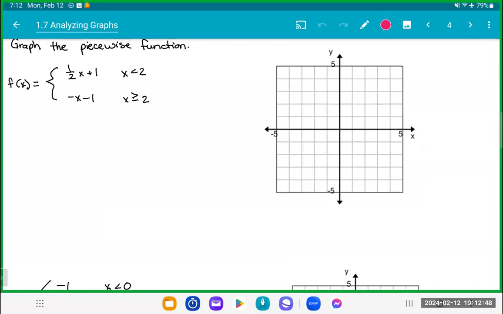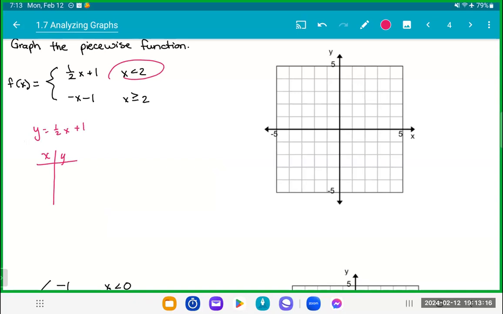All right, so now let's look at graphing another piecewise function. So in this case, we have y equals 1/2 x plus 1, okay? And that's going to be what are our x values and our y values. Our x's have to be less than 2.